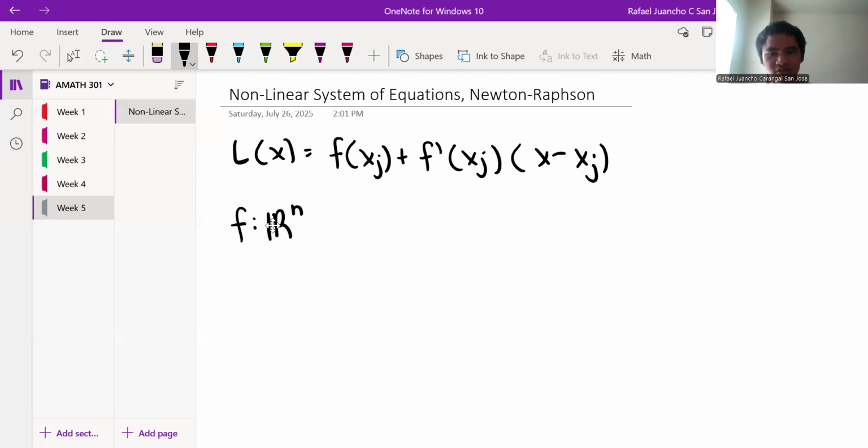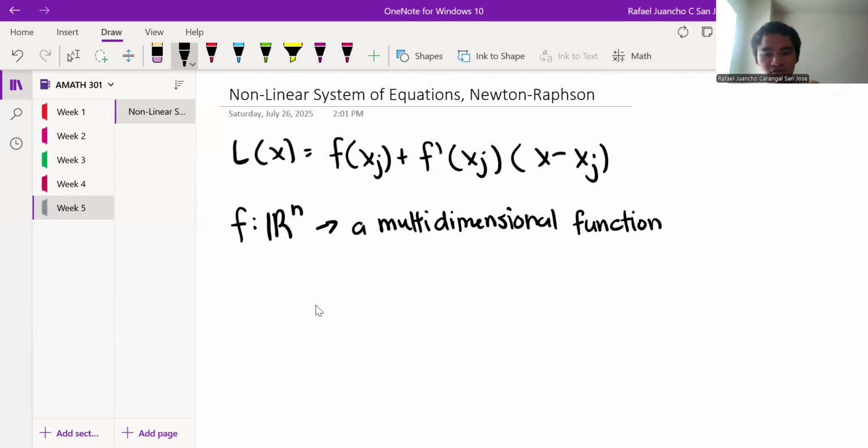So it's a multi-dimensional function, right? So we actually call this a vector function, or a multi-dimensional function.